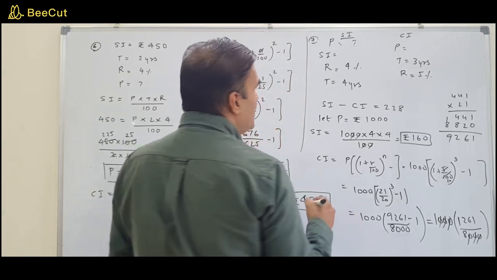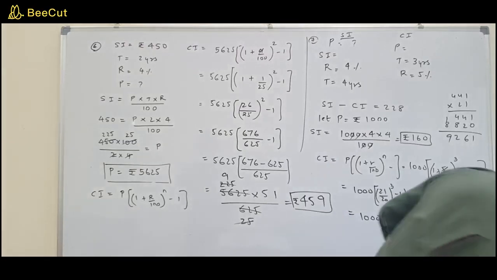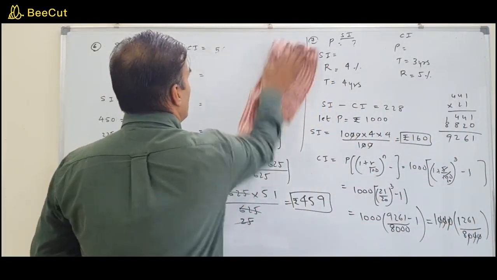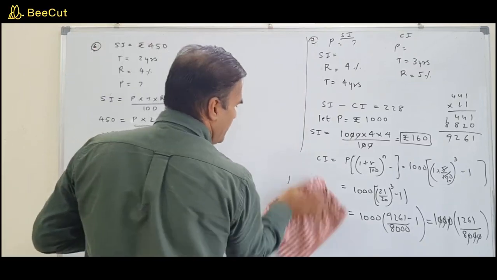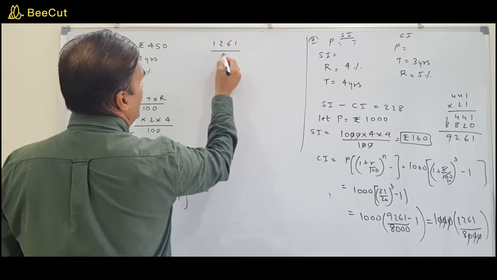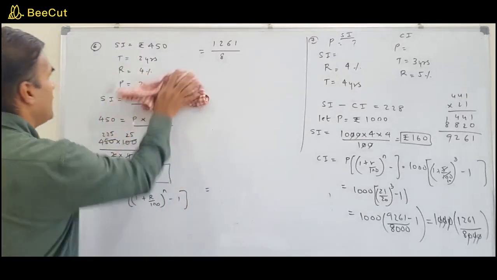So 1261 divided by 8. Let me do the calculation over here to proceed with the sum. 1261 divided by 8 would be my compound interest.